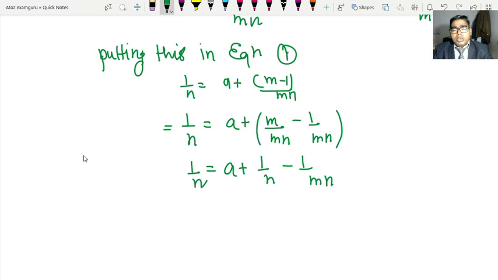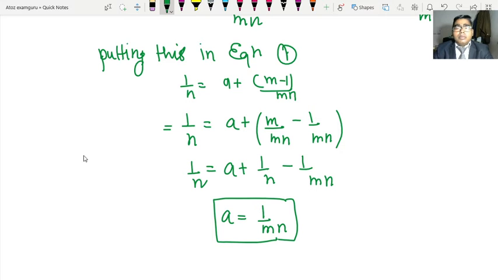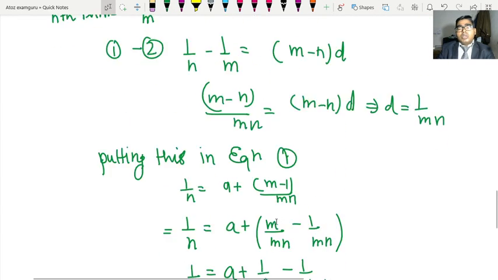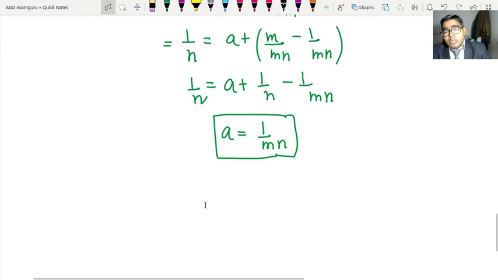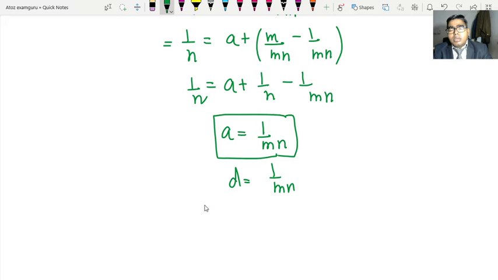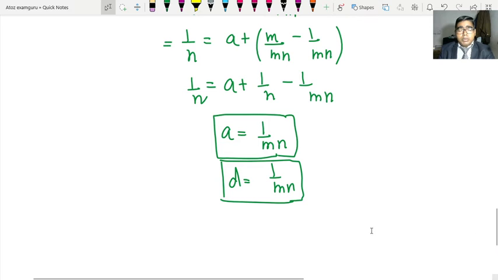So from here the value of the first term is 1 upon mn. Right friends? We have got the two values. The common difference d is 1 by mn, and the first term of this is also 1 upon mn.